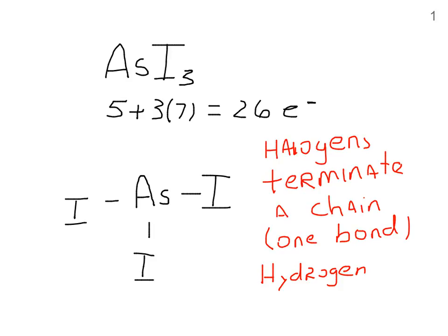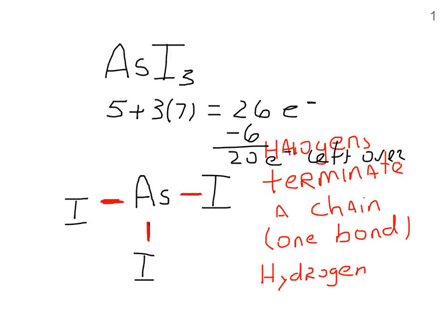Does it matter? Nope. Not yet. So now I'm looking at this, and once I get a skeleton diagram, I'm going to count up those bonds. 1, 2, 3, realizing each bond represents 2 electrons, making 6. Subtract that from my total, leaving me 20 electrons left over. And these are the ones that I am then going to place to ensure that everybody gets 8.